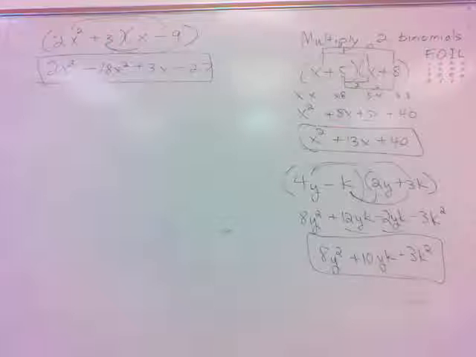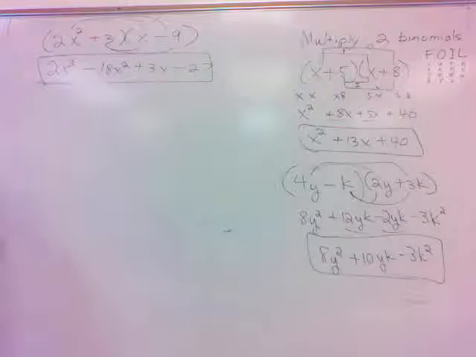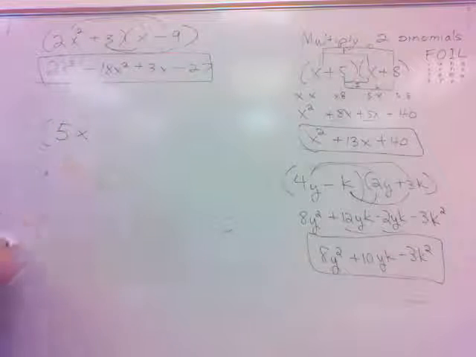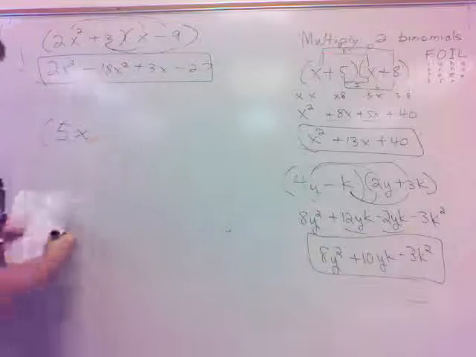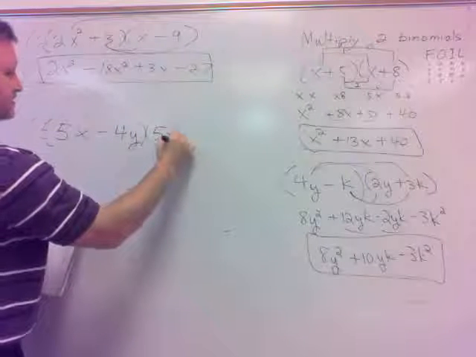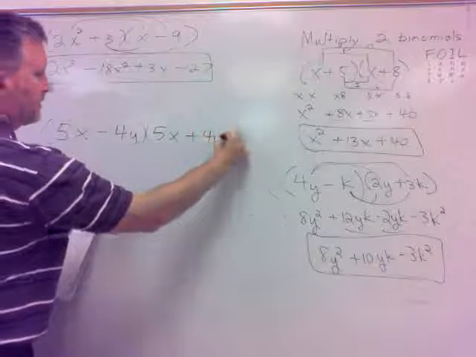And then something else can happen if we have, say, 5x minus 4y times 5x plus 4y.